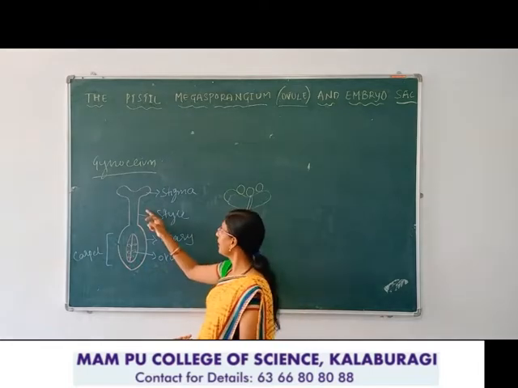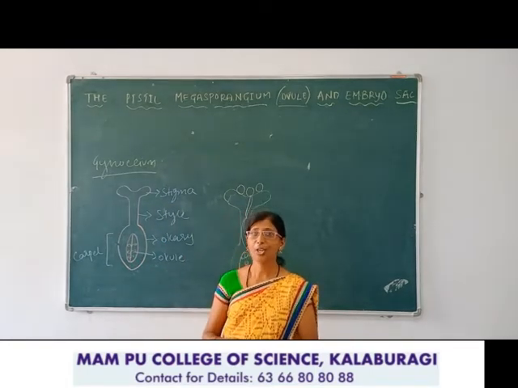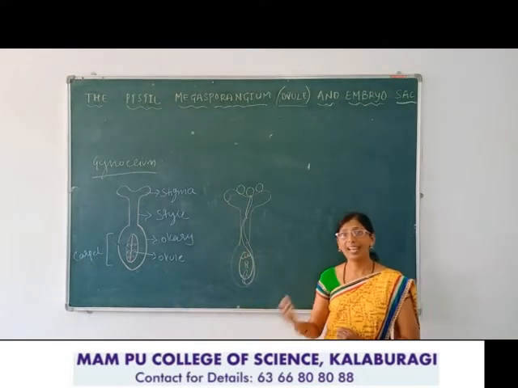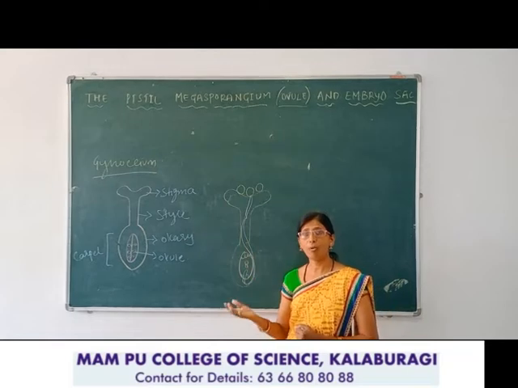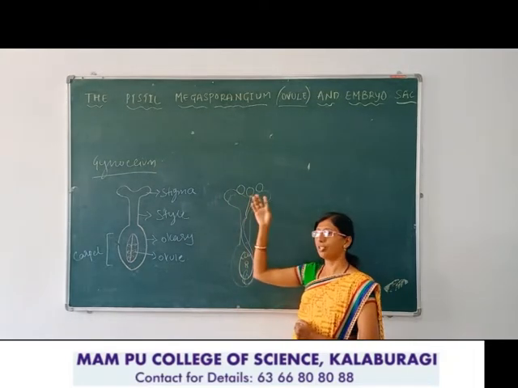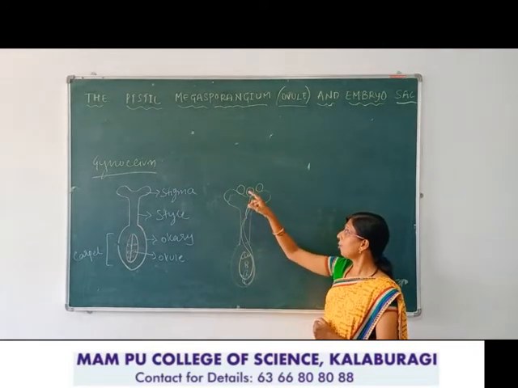At the tip of the style there is the stigma. The stigma is where the pollen grain lands; it is the platform of the pollen grain, which helps in fertilization. How is the pollen grain attracted, and how does pollen tube formation take place?